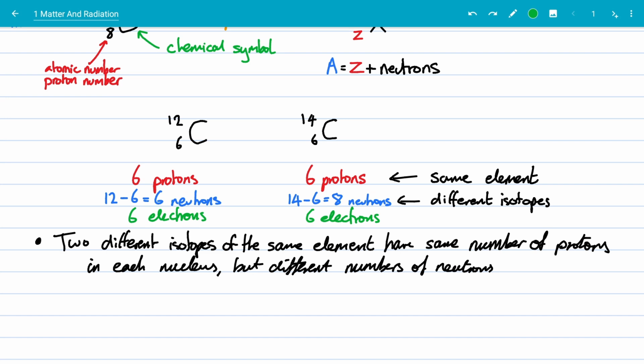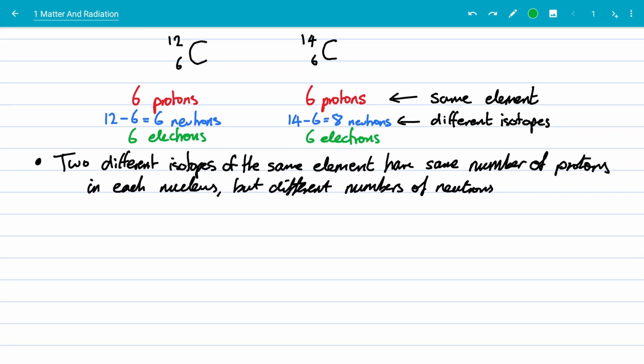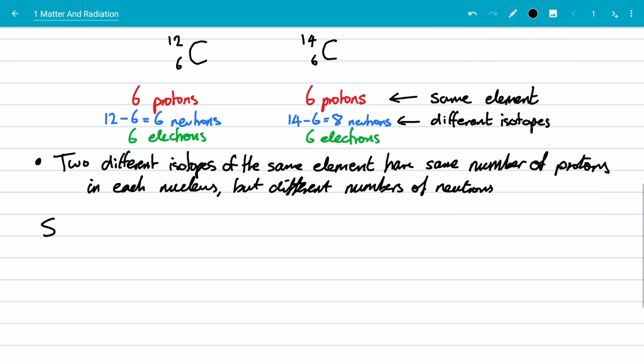So two different isotopes of the same element have the same number of protons in each nucleus, but different numbers of neutrons. So they will chemically react the same way. They're the same element, same place on the periodic table. But they do actually have different masses, which leads us on to a new quantity called specific charge.